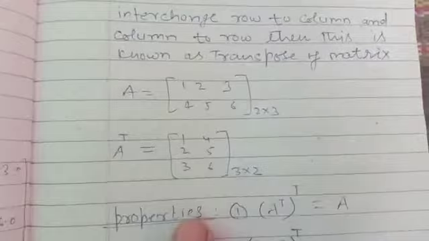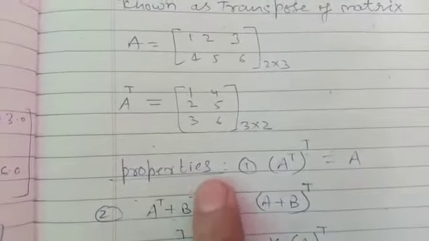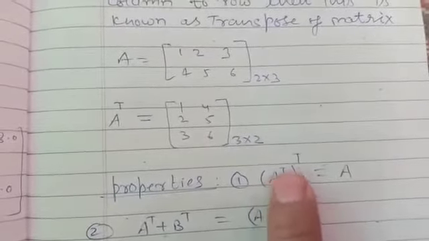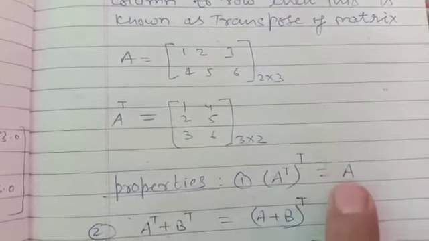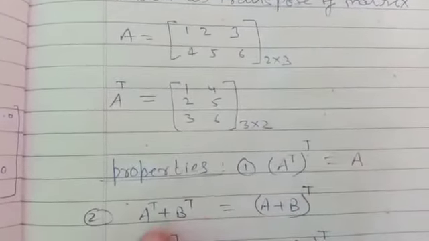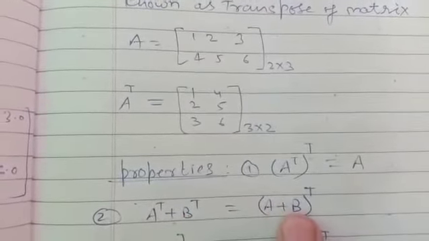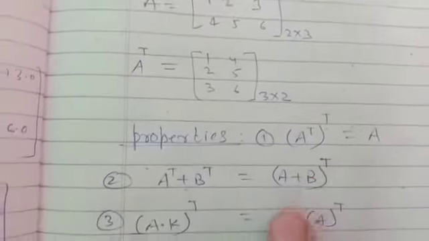Now properties of transpose of matrix. Transpose of a matrix and again its transpose will equal to A. Now A^T plus B^T is equal to (A plus B)^T.